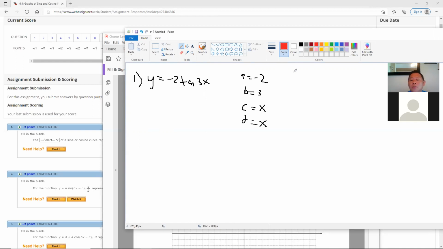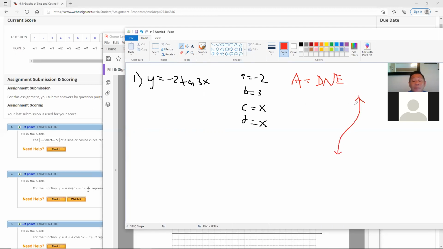Now a lot of students will ask me about amplitude for tangent and cotangent. For tangent and cotangent, amplitude does not exist, because amplitude only exists for sine, secant, cosecant. That means it's the max minus the min divided by 2. If you look at your tangent graph, it's going from one end to the other end.